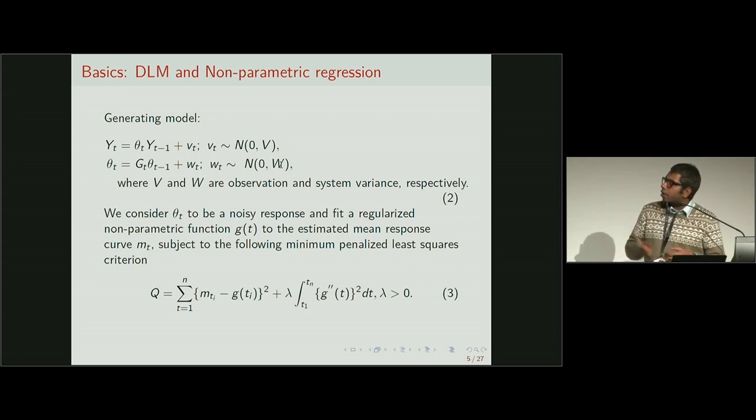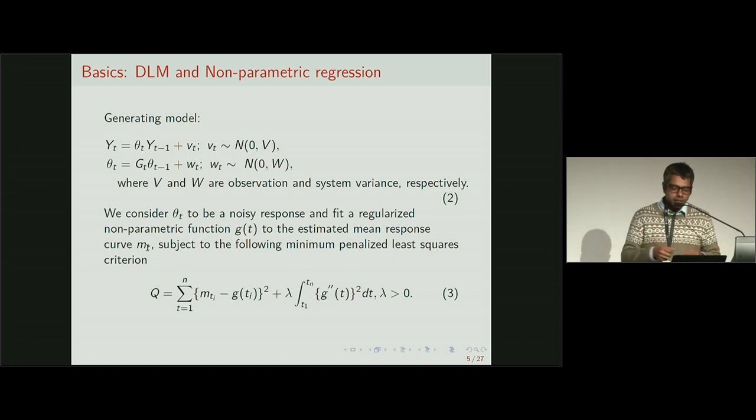One of the objectives of DLM modeling is to estimate the posterior mean of theta given the entire past. Once you know the posterior mean of theta, you can use it to construct the forecast mean, and based on these two things, you know the entire state of the system at time t given its entire past. Now, that posterior mean, I've called it M_t. It's a noisy object. So if I am to study the variation of this noisy object with respect to time, it's going to be very difficult.